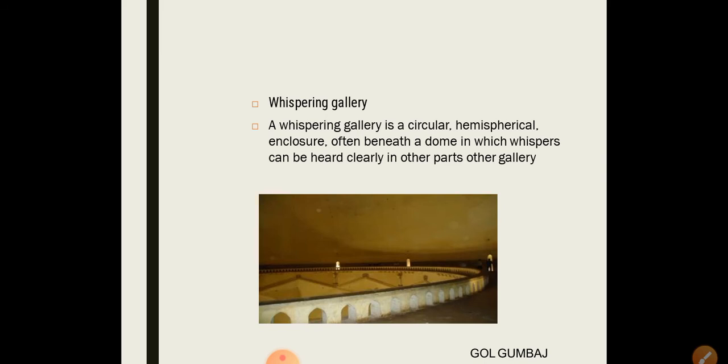The best example of this is the Gol Gumbaz, which is hemispherical in shape, and often beneath the dome a whisper can be heard clearly. If you have been to the Gol Gumbaz in Bijapur, you can experience it.